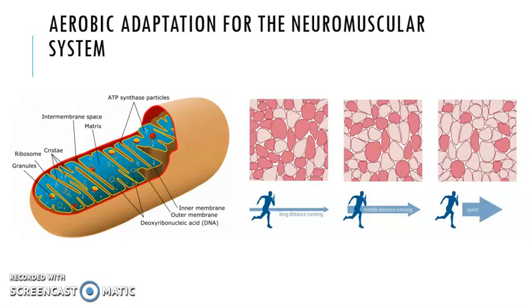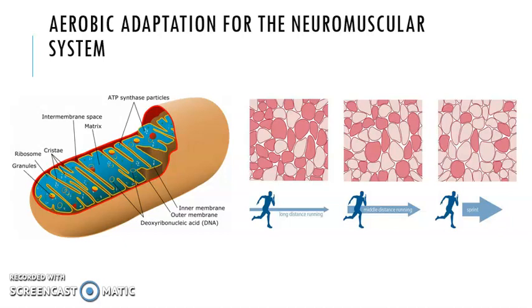And now we're going to talk about lactate thresholds of aerobic athletes. So it's likely that these athletes will work at a higher percentage of their VO2 max, which we know from earlier, and this leads to a decrease in lactate production.